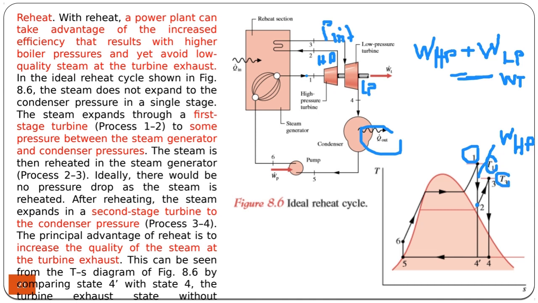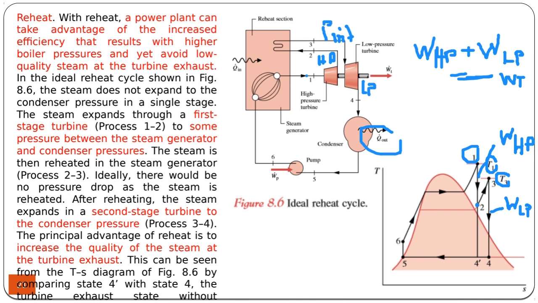It can be the same as the first boiler temperature, but it doesn't have to be the same. It's heated up to another superheat temperature, so it enters the low pressure turbine. Then we have another work from the low pressure turbine.